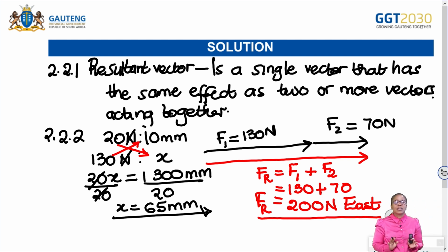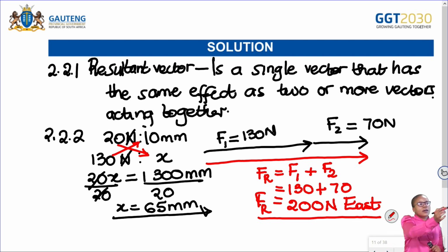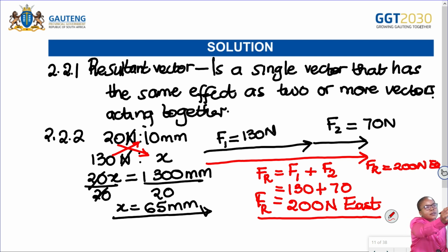That is how easy it is to draw the scale diagram and represent FR. Therefore, you say this is my FR, which equals 200 newtons to the east. That is how easy it is.